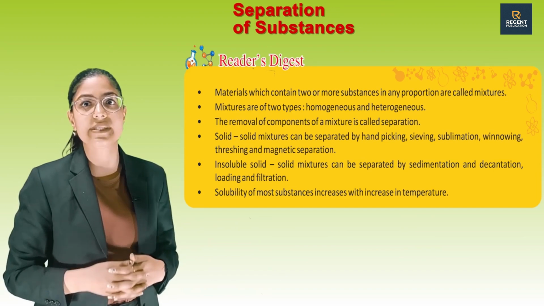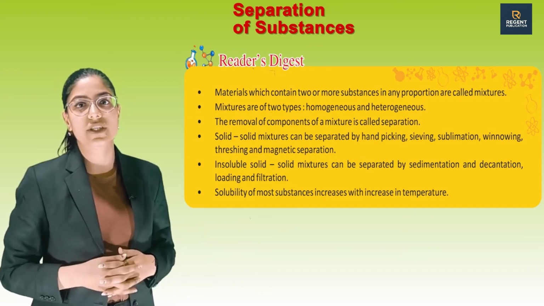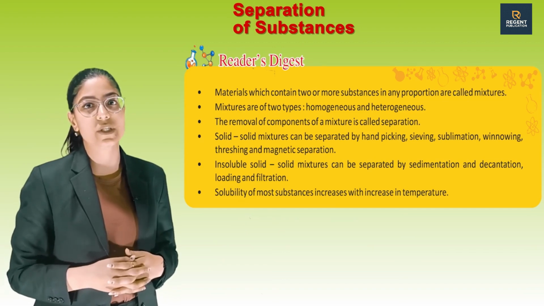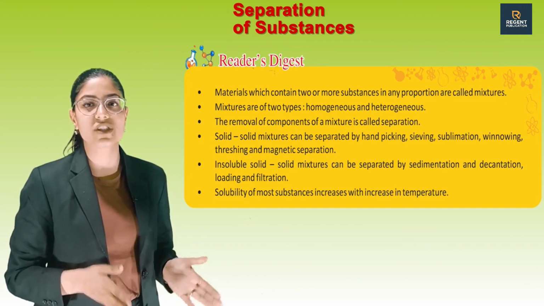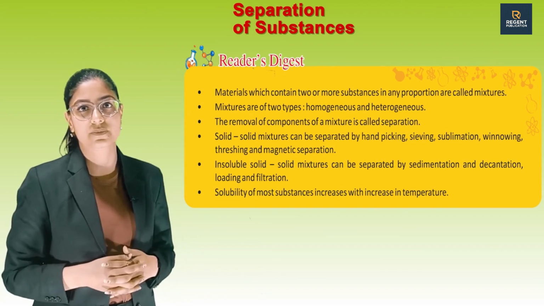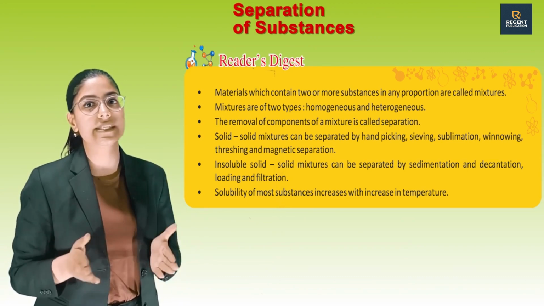Solid mixtures can be separated by hand picking, sieving, sublimation, winnowing, threshing and magnetic separation. Insoluble solid mixtures can be separated by sedimentation and decantation, loading and filtration. Solubility of most substances increases with increase in temperature.